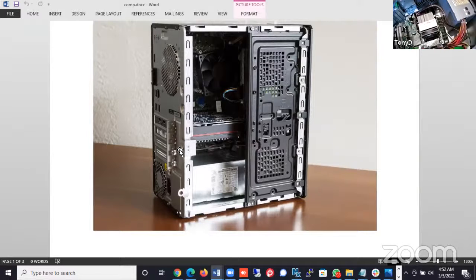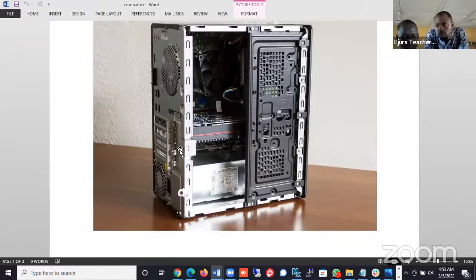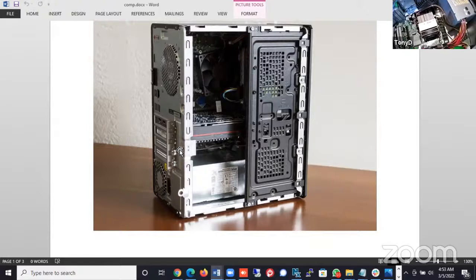Some people call it the tower, some people call it the system unit, some people call it the case. It is not called the CPU. Are we clear with that one? Yes, sir. The CPU is another part.